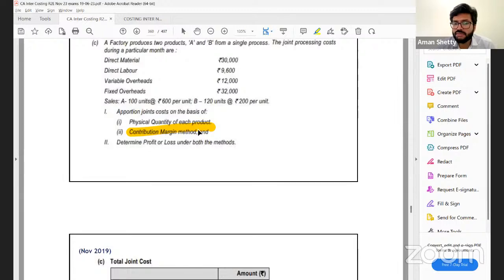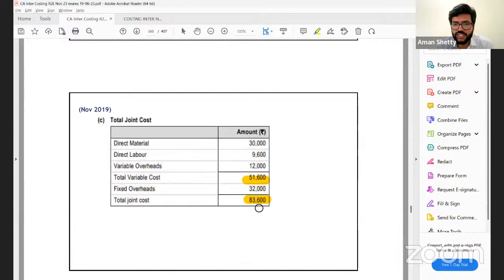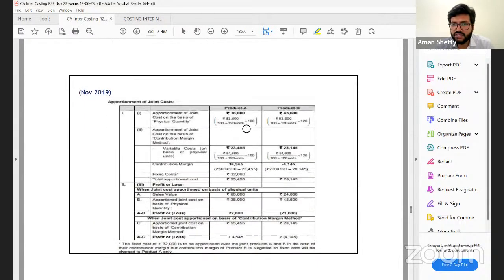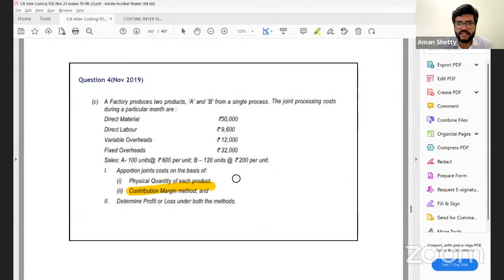Because the contribution margin method is there. You need the split between variable and fixed. Are you understanding? Yes, sir. Because you have to find out contribution margin, you need the split between variable and fixed. That is why first they rolled all the variable together, 30 plus 9,600 plus 12,000. You can check here, 51,600 plus fixed overhead, you get 83,600. Clear? Now that 83,600, they have used the physical output method, 120 units and 100 units.